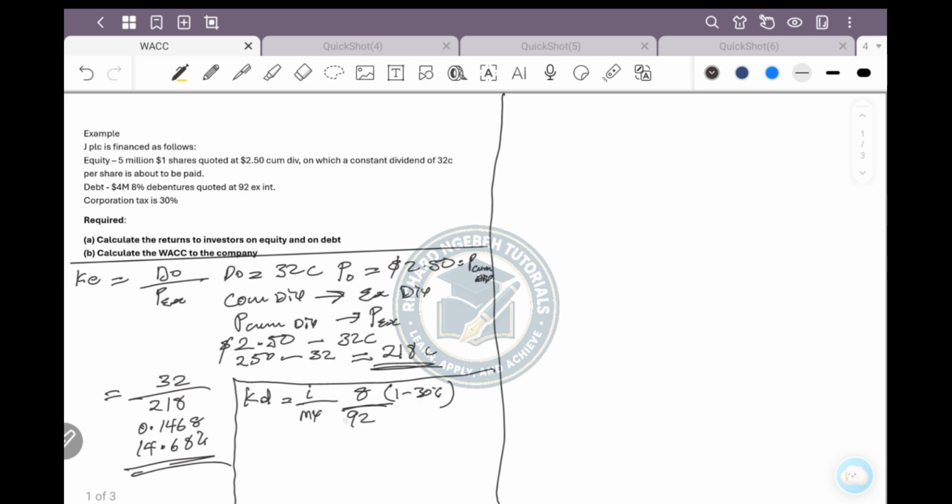You can either solve it and just minus tax, or you have this one. So if you're solving it first, it will now be 8 in bracket 0.7. Remember, when you take off the tax, then it's 92 now.